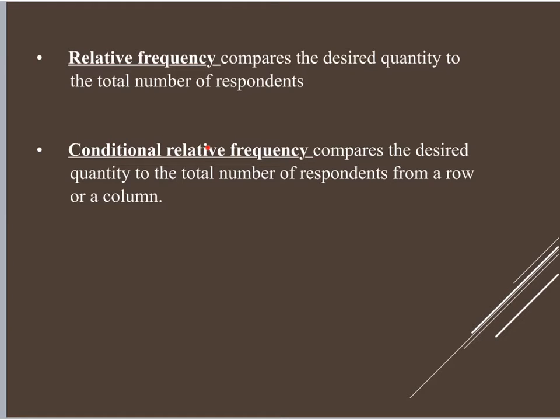Or we have what we call a conditional frequency, and this compares the desired quantity to the total number of respondents from a row or column. So this would be like me saying, from that previous example, of the total number of females that were surveyed, how many wanted the SUV. So I totally ignore the male data for the conditional frequency.